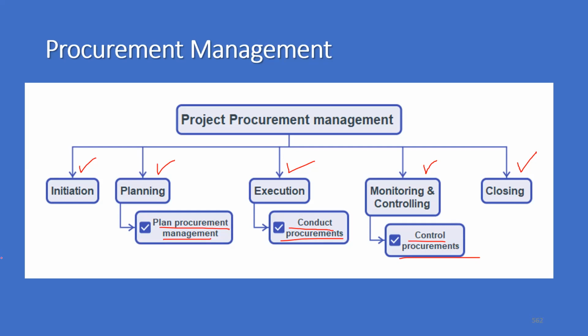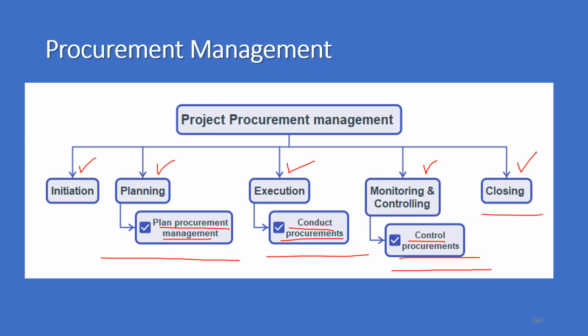So during planning, we do the procurement management plan. During execution, we really implement that plan. That means we get into procurement related activities. And in monitoring and controlling, we control the procurement activities.